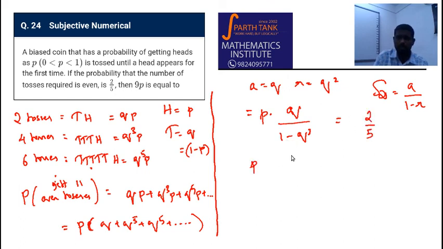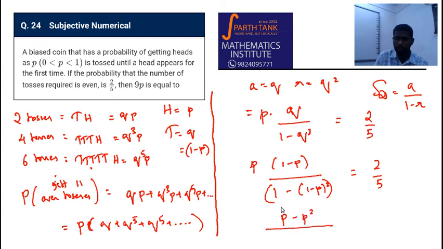Substitute Q is equal to 1 minus P: P into 1 minus P by 1 minus Q squared, that is, 1 minus (1 minus P) the whole square. So the numerator becomes P minus P squared, and the denominator becomes 1 minus 1 plus P squared minus 2P... This is 2 by 5, right?